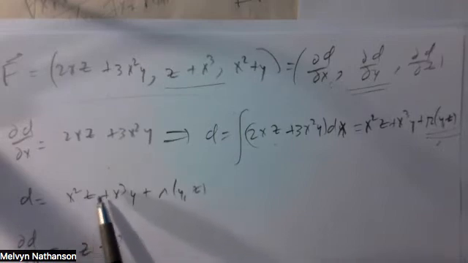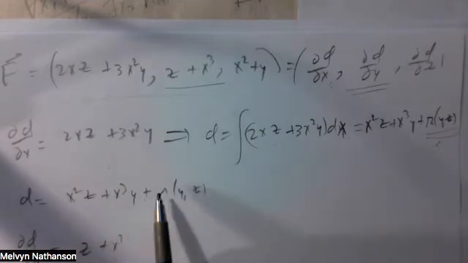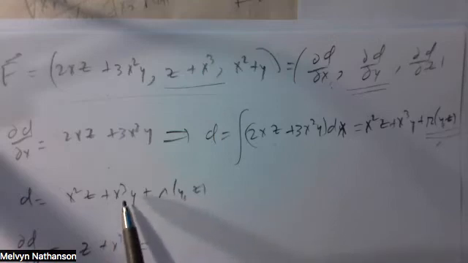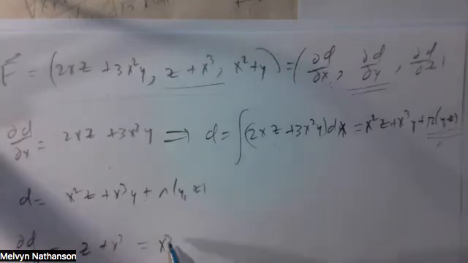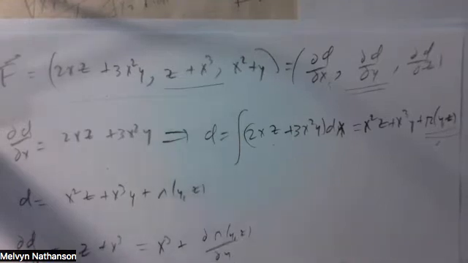But if I differentiate phi with respect to y, I get x³ plus the partial derivative of r of y and z with respect to y.